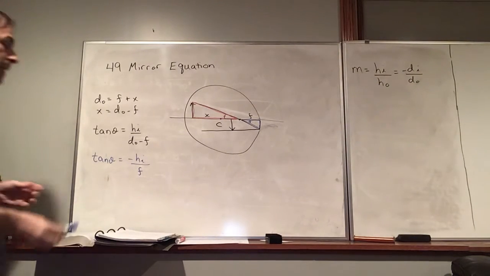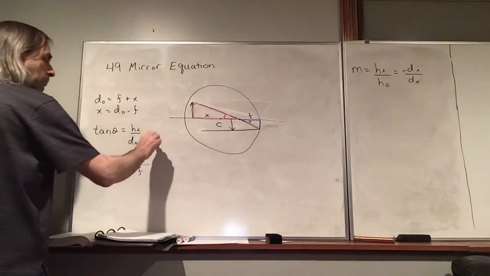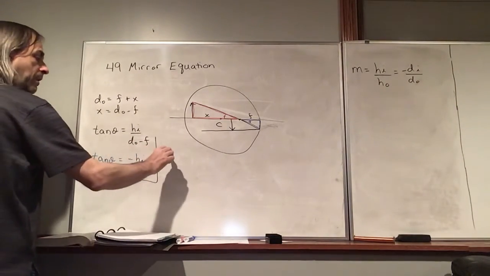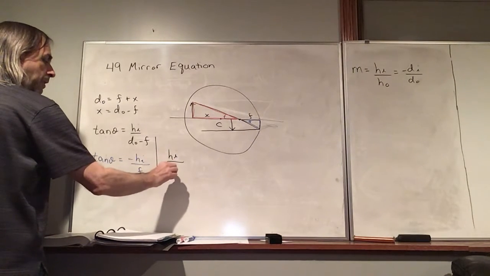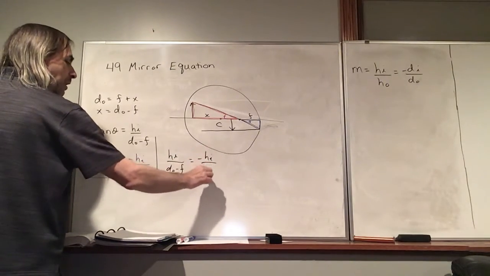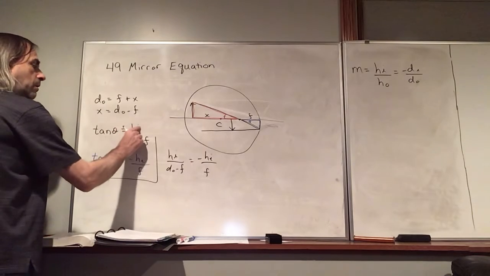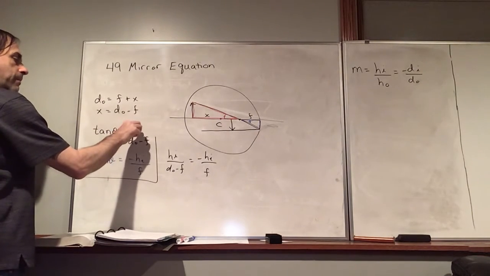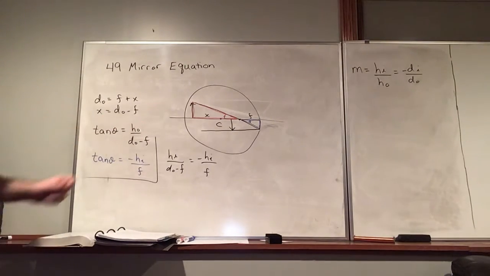And if we set these equal to each other, hopefully I have enough room here, we can say HI over DO minus F equals minus HI over F. Sorry, looking back, this one, that was from the red triangle.